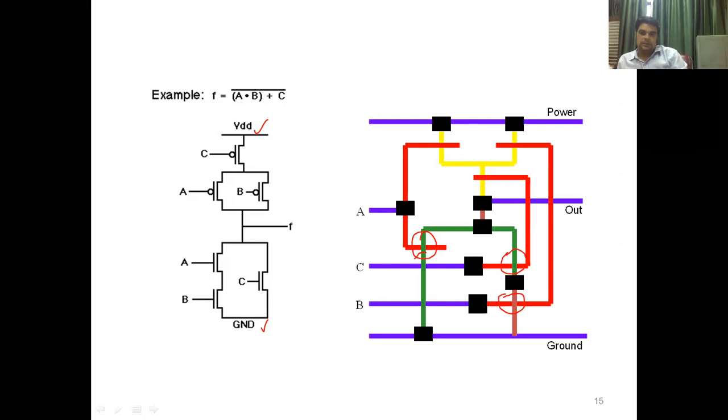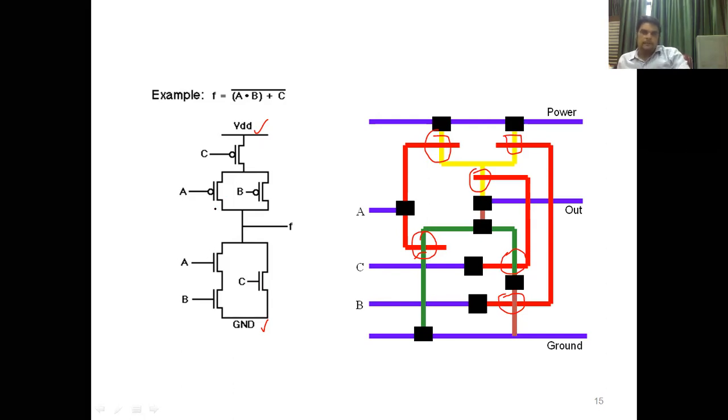Let's say this is your input, this is your input, and this is another transistor. Here there are three PMOSes which can be seen here. So these are the three PMOS. So we can accordingly connect the PMOSes.